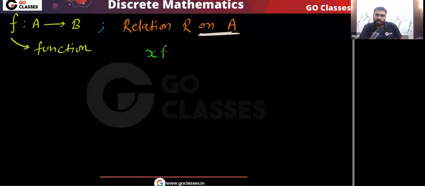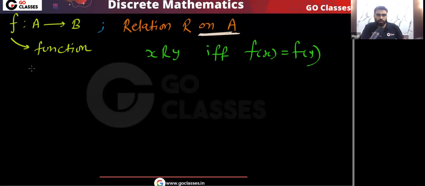Remember, you have a function from set A to set B. Any function you can have from set A to set B. Now, we are defining a relation R on set A, and we are saying that X is related to Y if and only if Fx equals Fy. Is this clear?